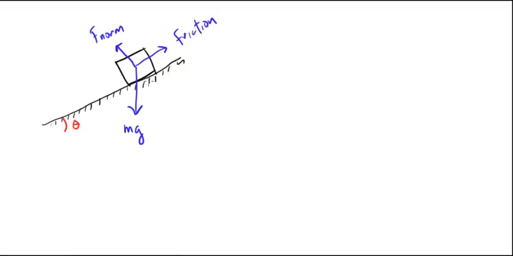I'm imagining that the block is at rest on this surface, so we've got a friction force acting that prevents this block from sliding down. And what I'm interested in is what mu value will prevent sliding.